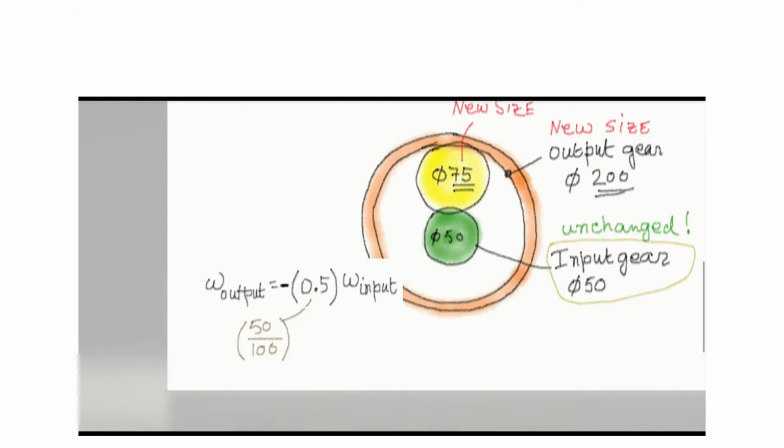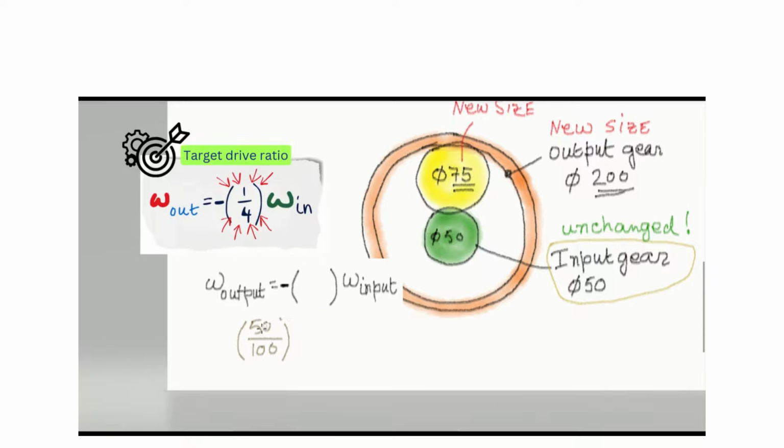Note that in this ordinary gear train, only the input dia and the output dia matter. The idler gear dia does not matter, because there are no compound gears in this ordinary gear train.